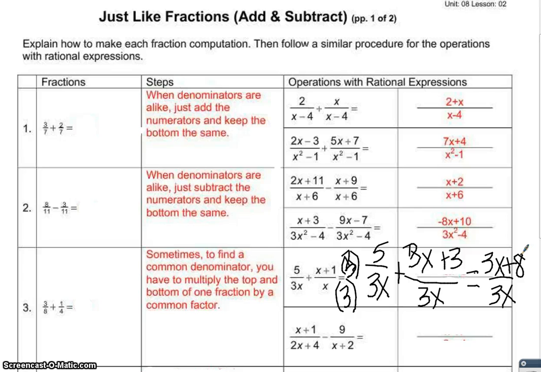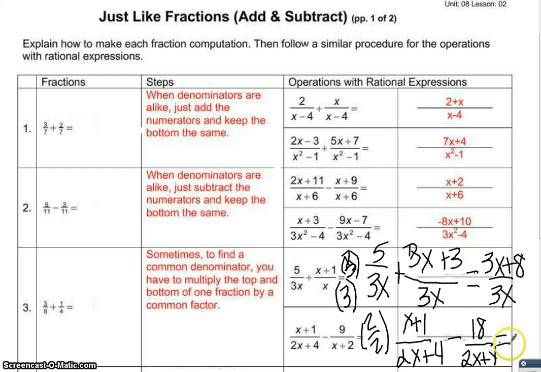So when I multiply by 2, I'm still going to have the x plus 1 over 2x plus 4, but now it's going to be minus 18 over 2x plus 4. When I combine like terms, my denominator is still 2x plus 4 and my numerator is going to be x minus 17, again combining my like terms.